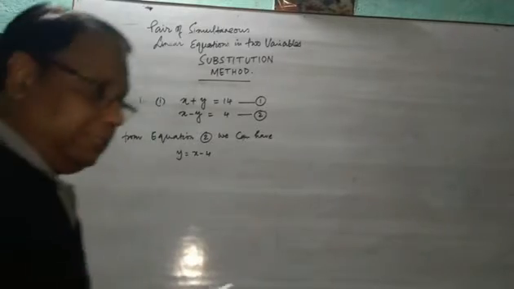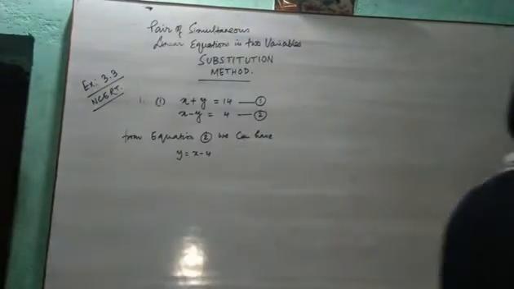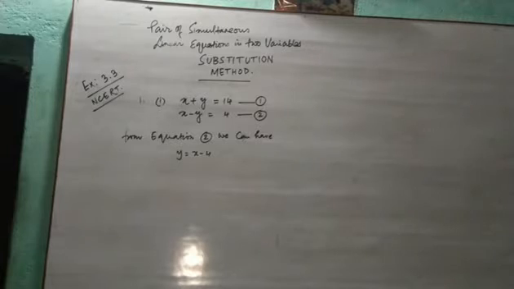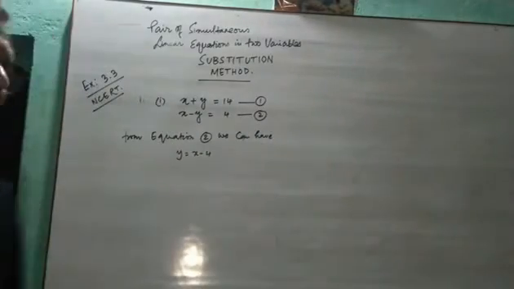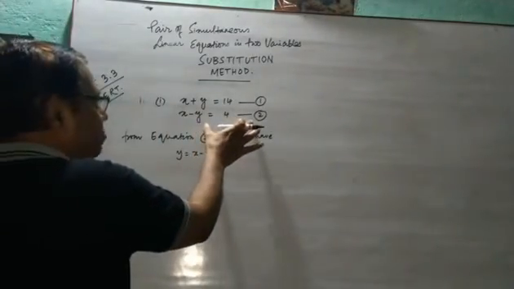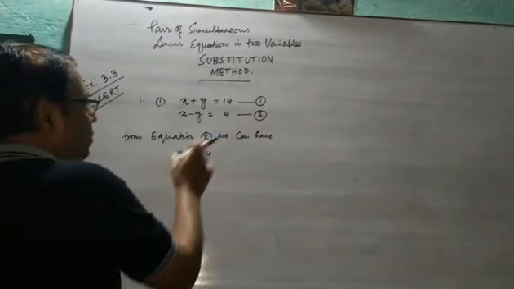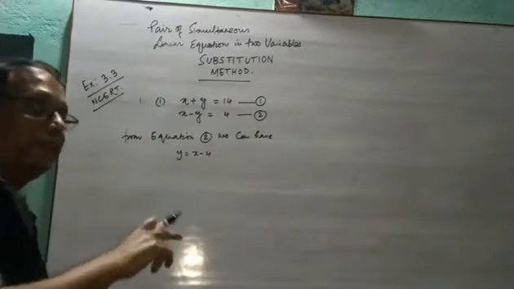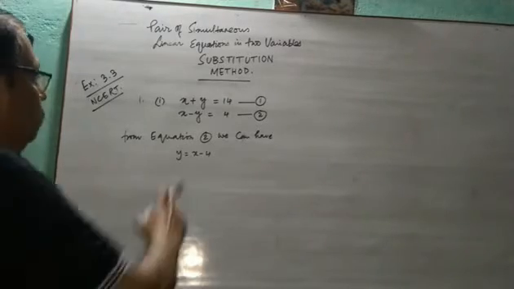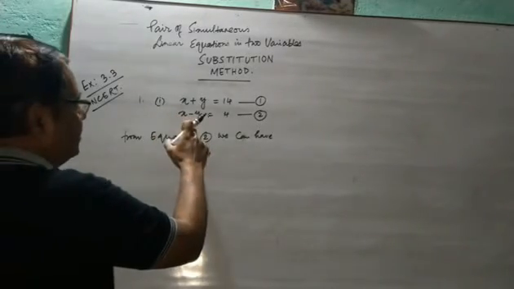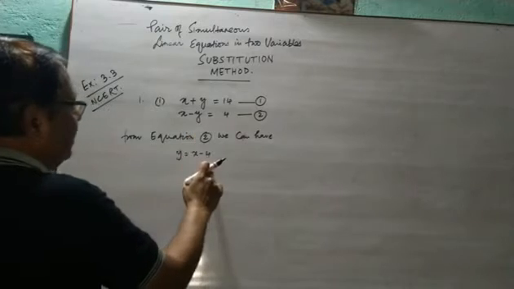That means either you express y in terms of x or x in terms of y of one equation, any of the two equations. We have taken equation number 2, and we have expressed y in terms of x, as we have done in case of the linear equation in two variables while solving it by graphical method. So we have expressed y in terms of x, and that gives us y is equal to x minus 4.